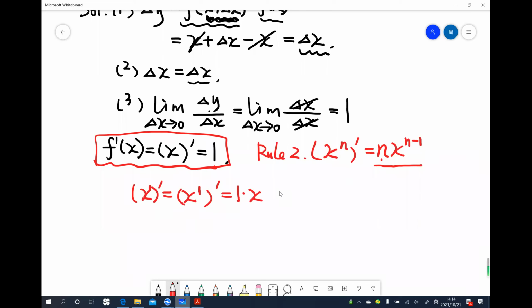Times x to the power 1 minus 1, that is 0, right? 1 times x to the power 0, and we know x to the power 0 equals 1, right? So 1 times 1 equals 1, as we have calculated here from the definition.